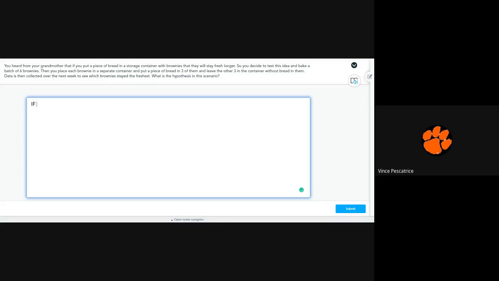So if you change something, then what you expect to happen goes there. So it's if the thing you're changing, the thing you want to see if it has an effect, then what effect do you think it'll have on that experiment? And that's how you should write this.